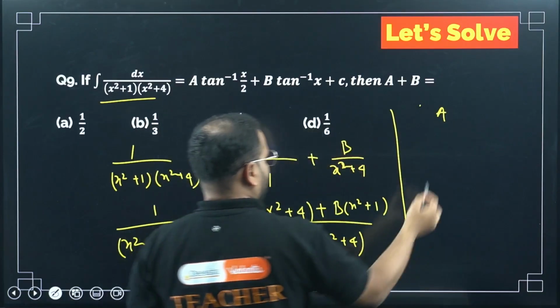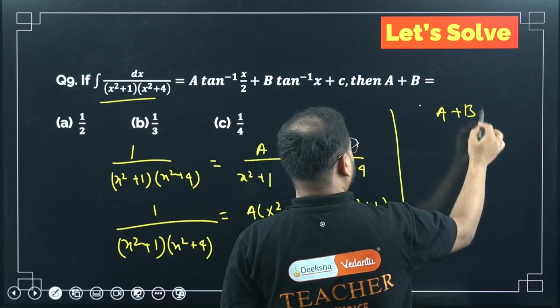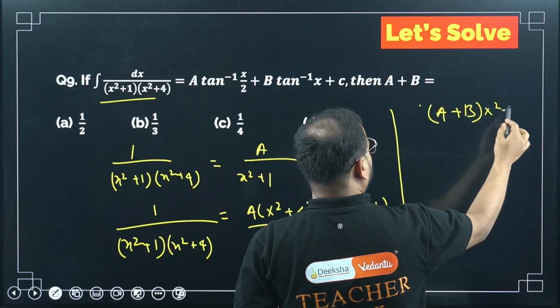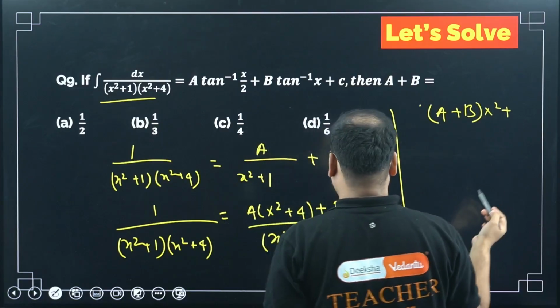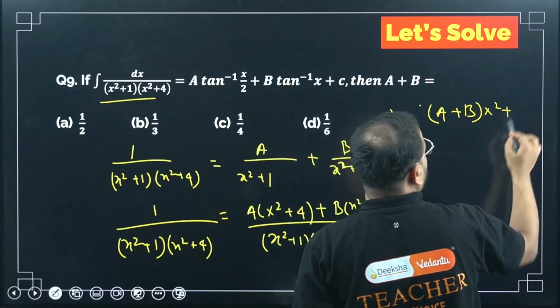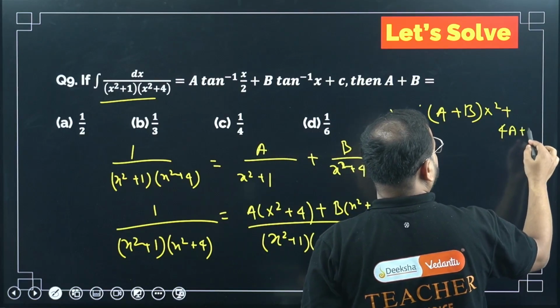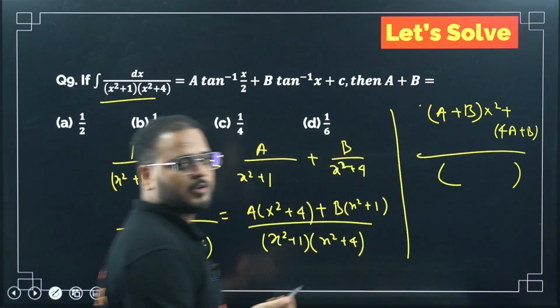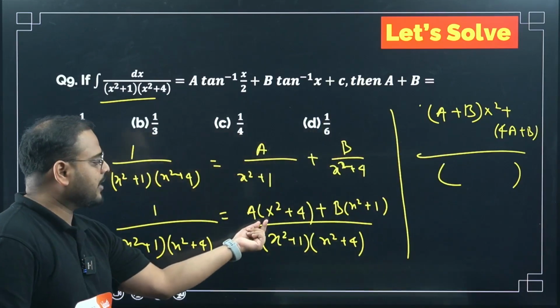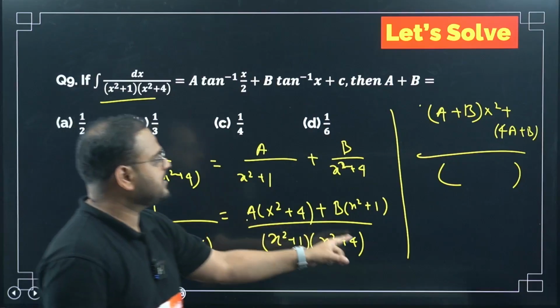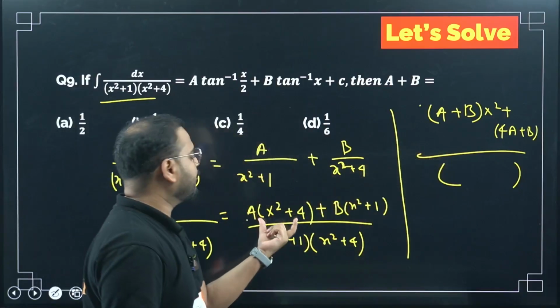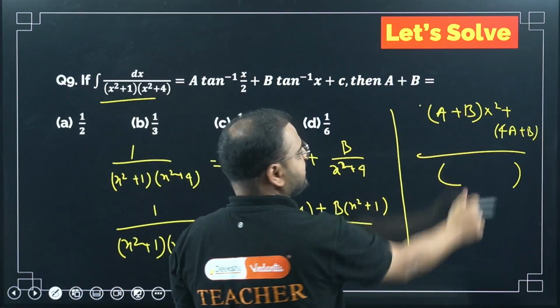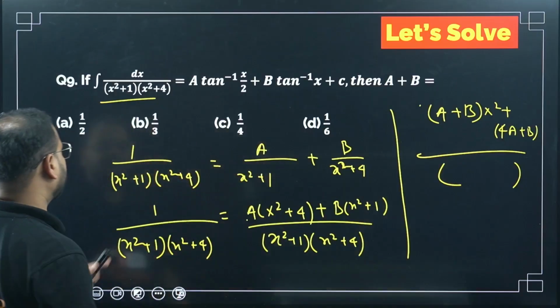So a plus b times of x square plus 4a plus b. What I'm doing here is taking x square common, so what is left is a plus b, and a constant term 4a plus b. Now what is the coefficient of x square here?